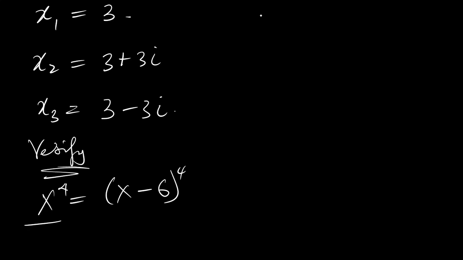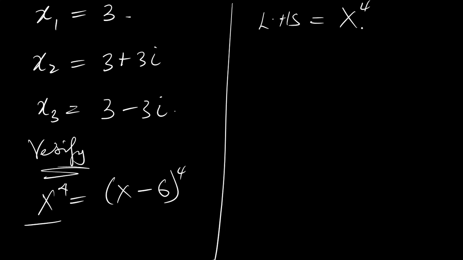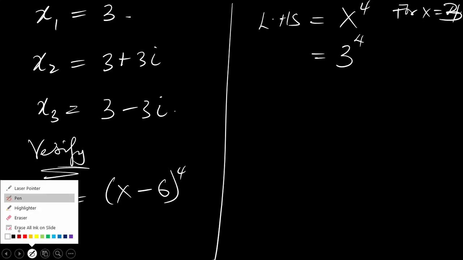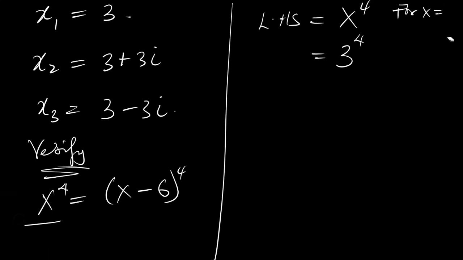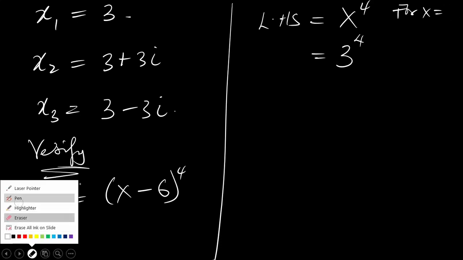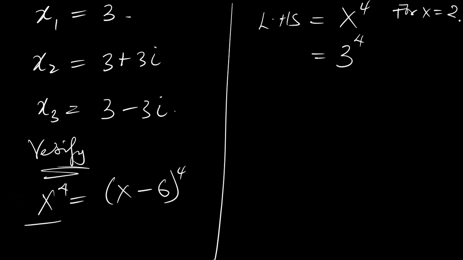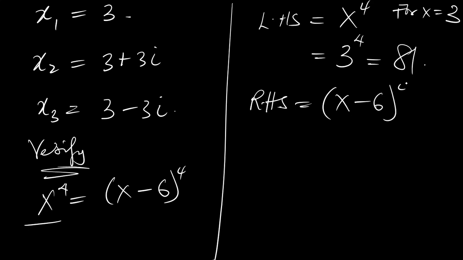Now let's look at the left hand side of this expression, which is x raised to power 4. For x equal to 3, you have 3 raised to power 4, which is equal to 81. Now the right hand side of the equation is x minus 6 raised to power 4.